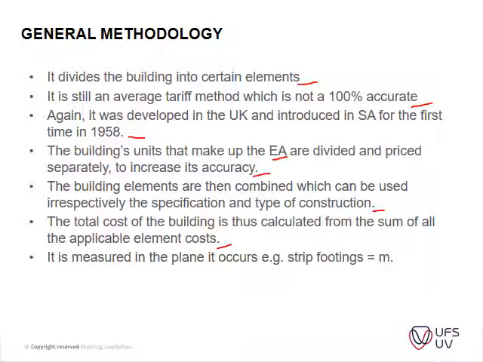You build up your rates by actually measuring each item and getting an elemental tariff that you can use for the different sections. It is measured in the plane it occurs in. So for instance, strip footings are measured in meters, and your surface beds are measured in square meters. So it puts the measurement in a much more logical way.